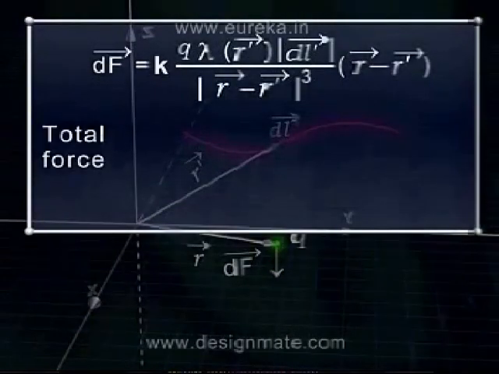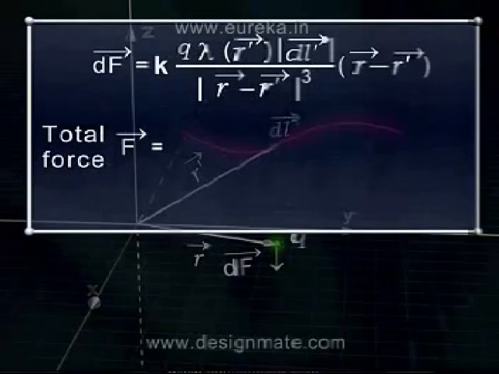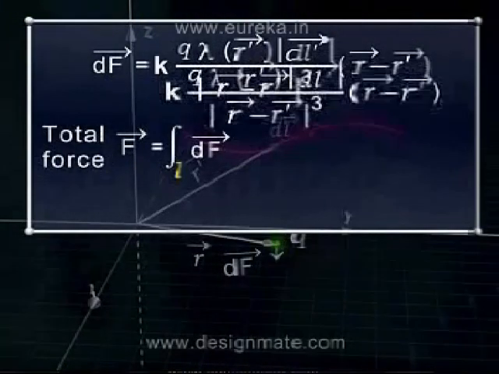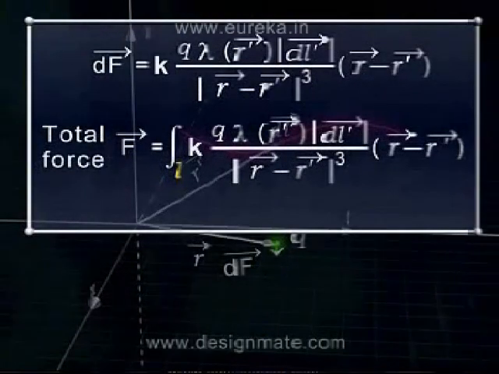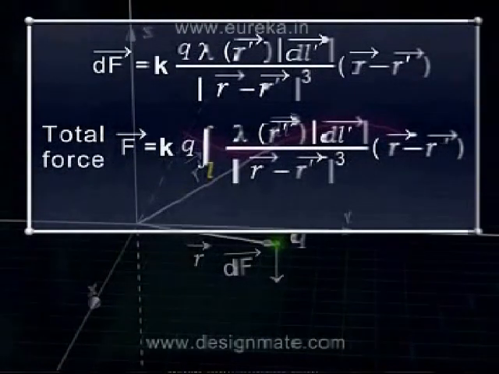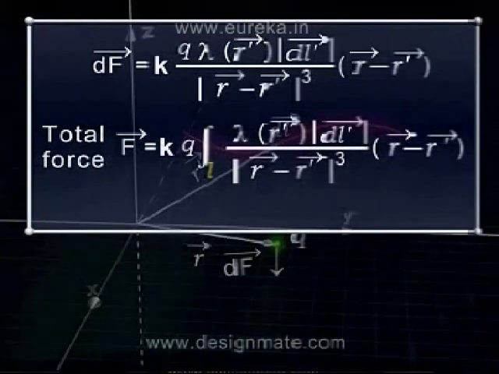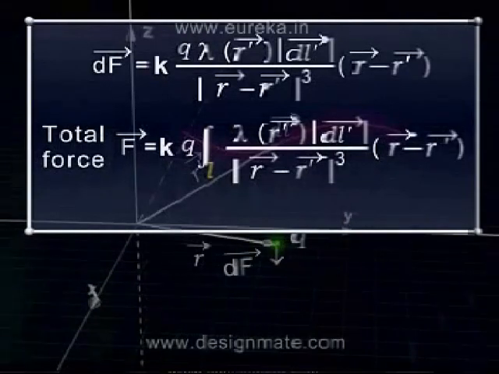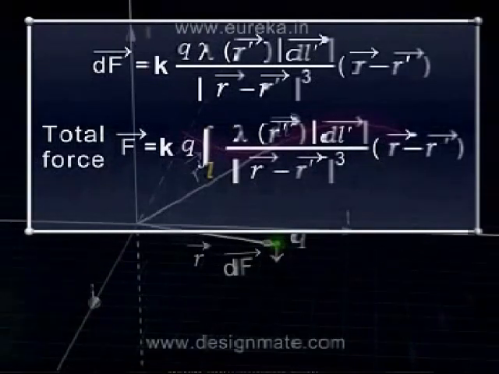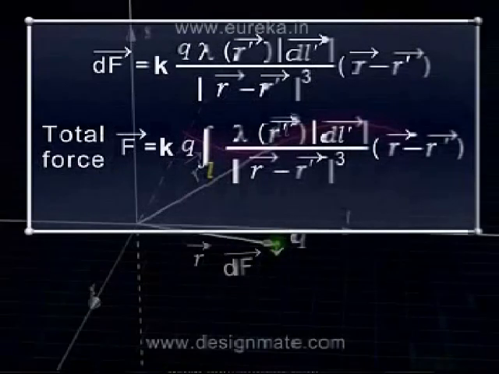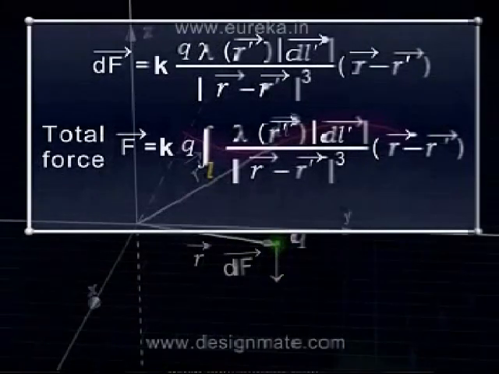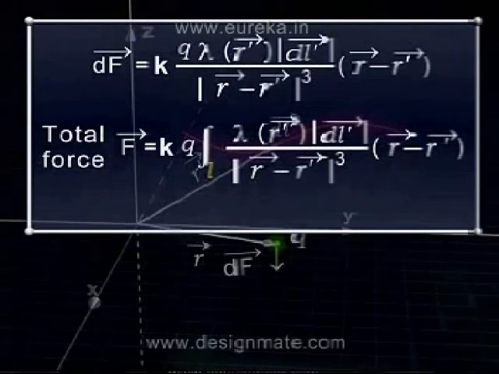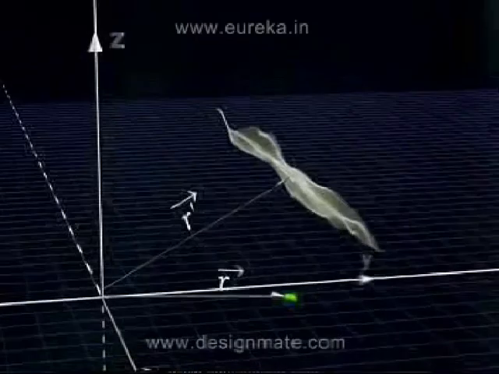Total force vector F is equal to KQ integral of lambda of vector r' into modulus of dl' upon modulus of vector r minus vector r' cube into vector r minus vector r'.